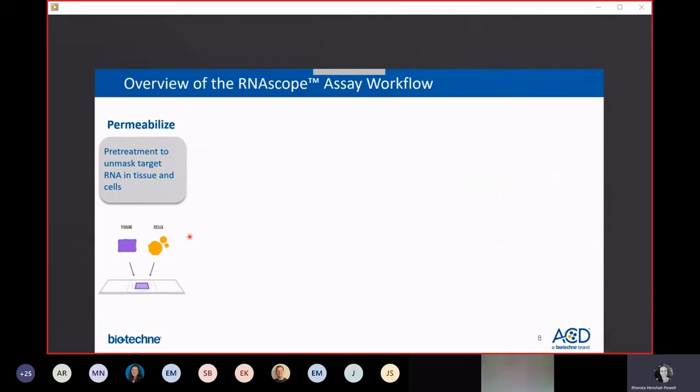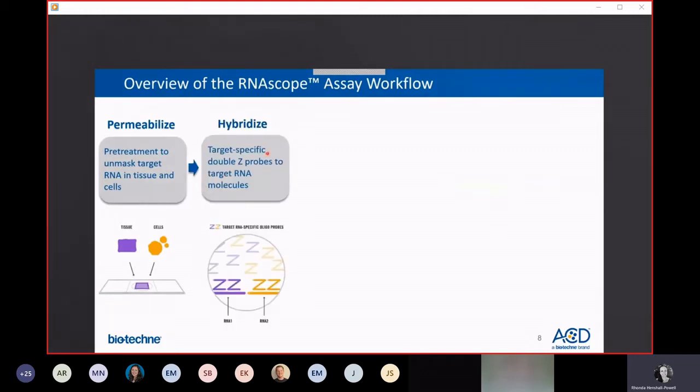RNAscope works whether you have formalin-fixed paraffin-embedded tissue, fixed frozen samples, fresh frozen tissue, or cultured cells. The pre-treat portion of the assay here will just change depending on what your sample type is. Side note, for HiPlex, we don't recommend using HiPlex for FFPE samples because autofluorescence is an issue. We have a different RNAscope chemistry for you that I'll mention at the end of this webinar.